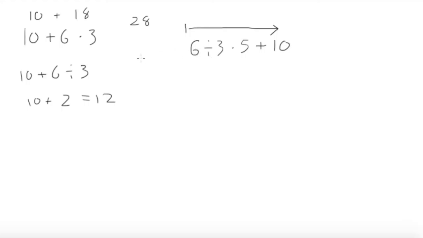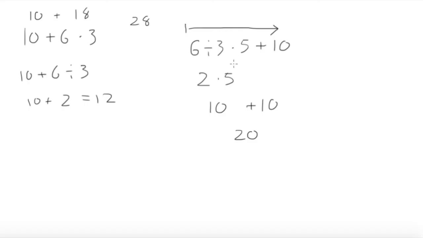But in this case, they're in front, so it'd be 6 divided by 3, which is going to equal 2, then times it by 5, which is going to equal 10, and then we're going to plus it by 10, right? Here's the 10, and that's going to equal 20, okay? You're not going to do 6 divided by 15, because 3 times 5 is 15.